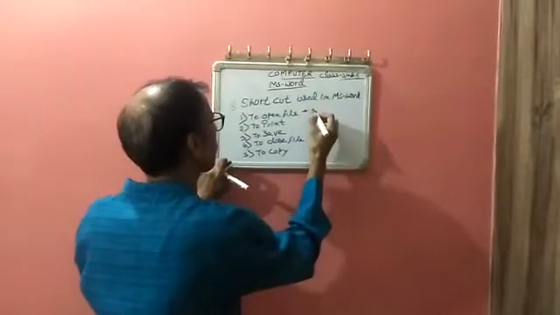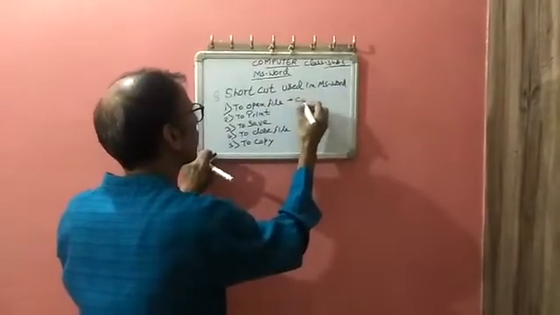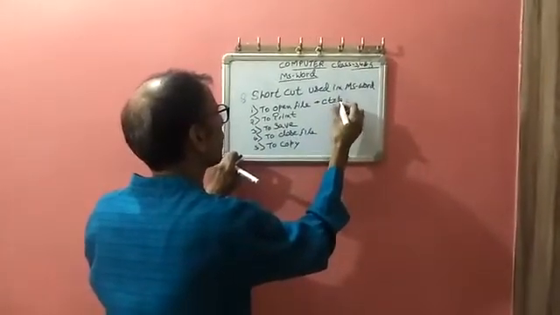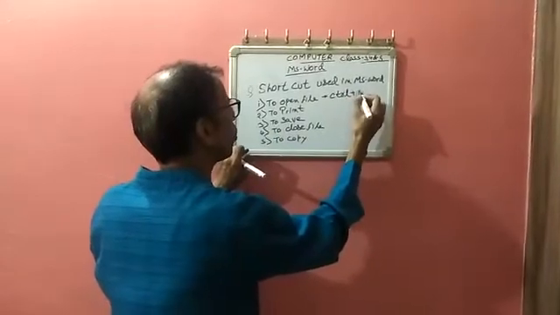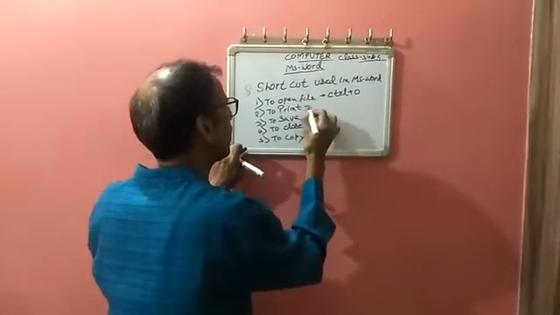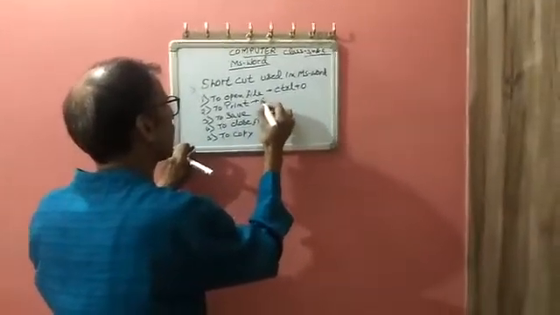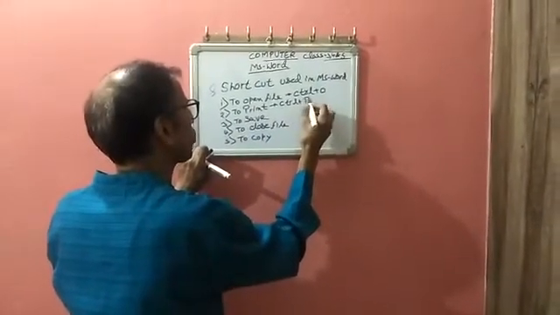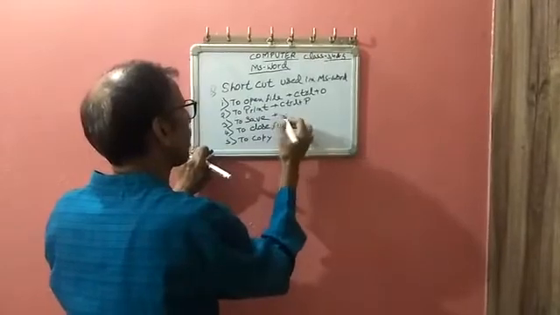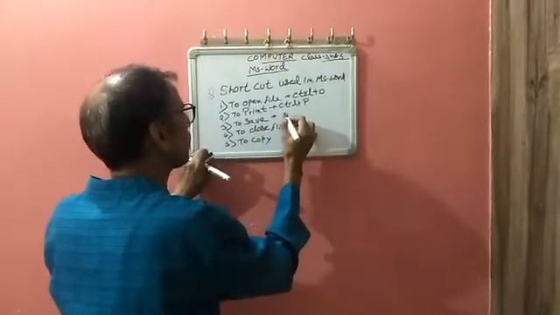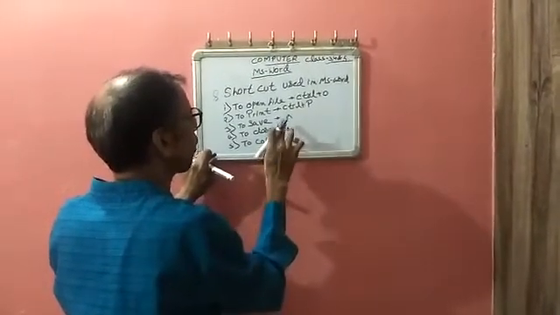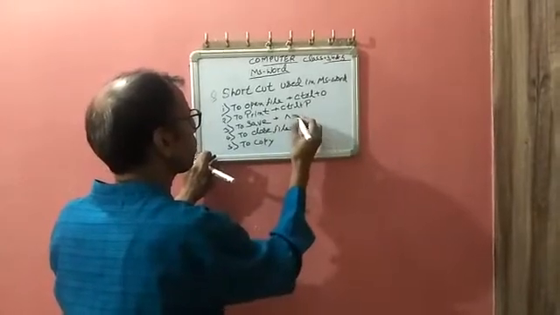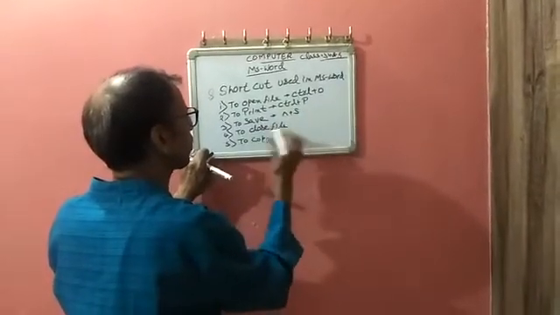So the shortcut keys will be: Control plus O to open a file, Control plus P to print a file, Control plus S to save a file.